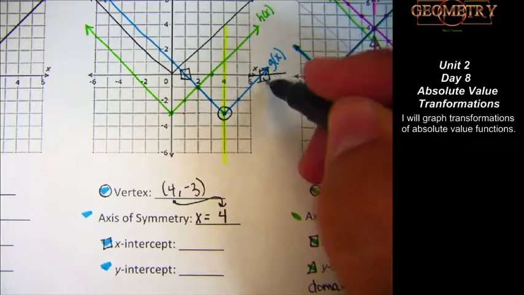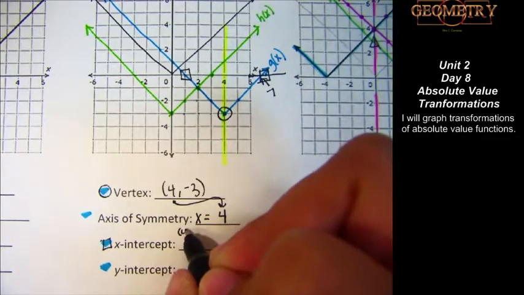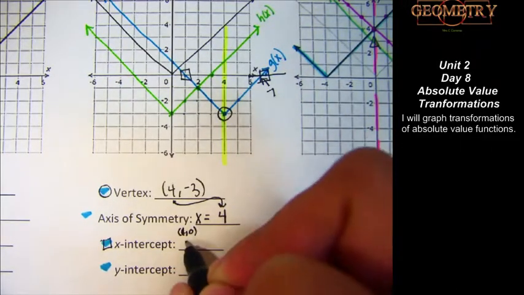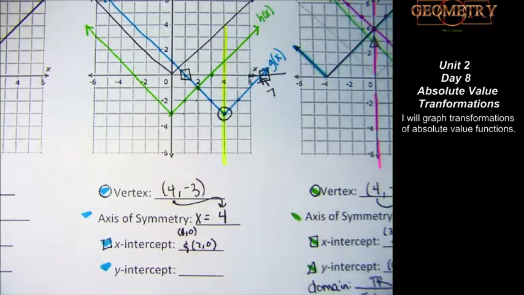So this is at 7. So my intercepts are (1, 0) and (7, 0). Great eye.